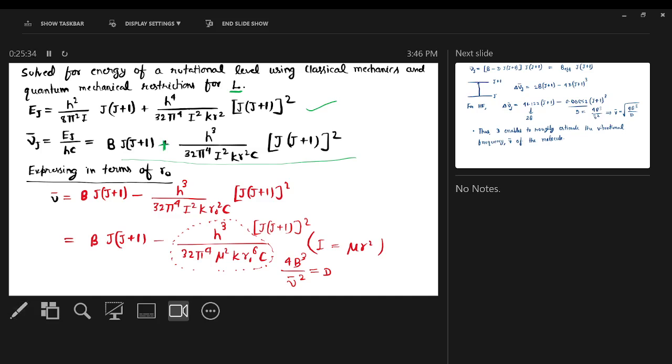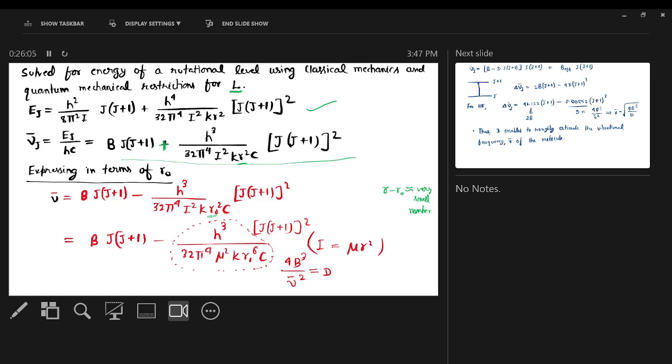So we consider the distortion is very small, like R minus R naught is a very small number. To simplify this, we will replace this R with R naught. Then this minus sign will come.